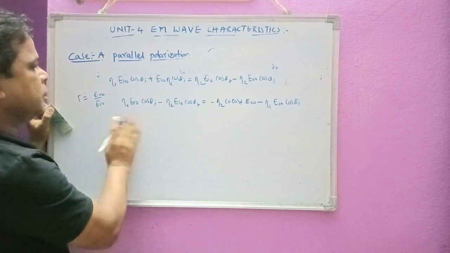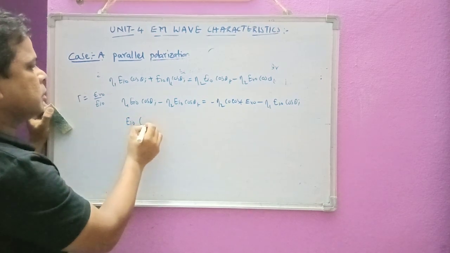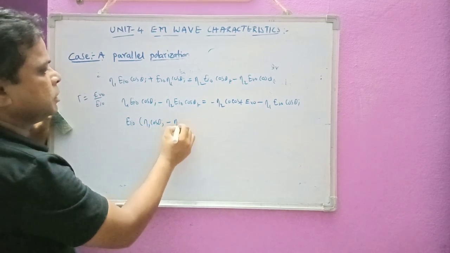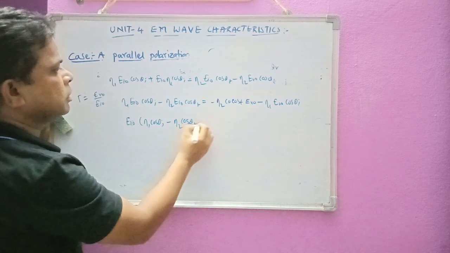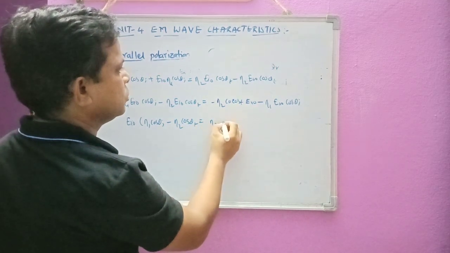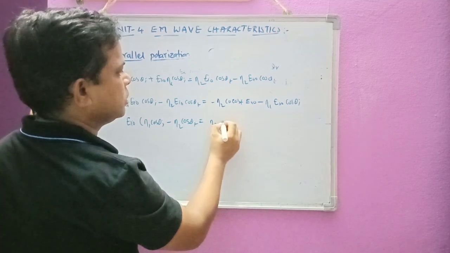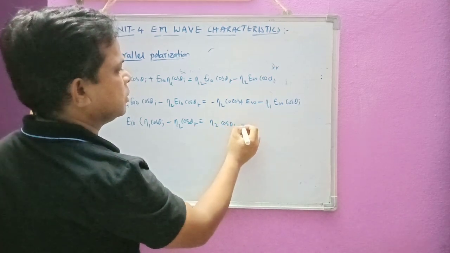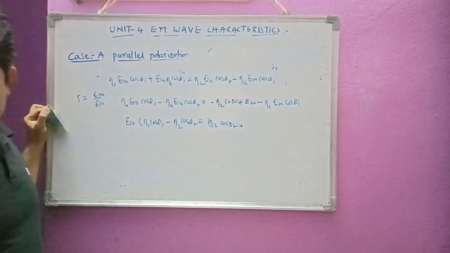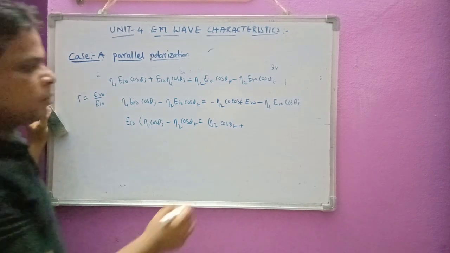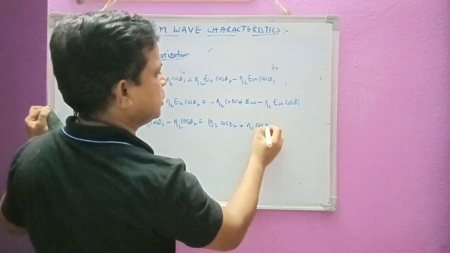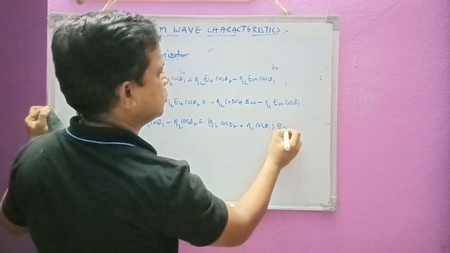Eta 1 EI0 common here, EI0 into eta 1 cos theta I minus eta 2 cos theta t. Similarly, I will take common here, that is eta 2 cos theta t, plus eta 1 cos theta I into ER0.